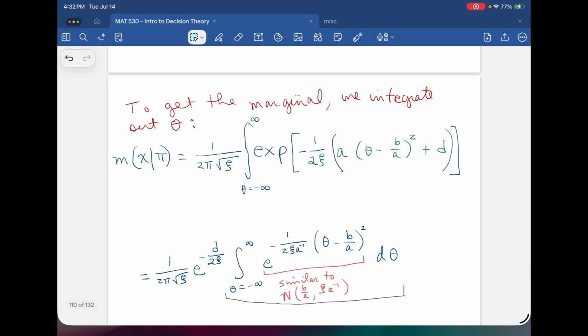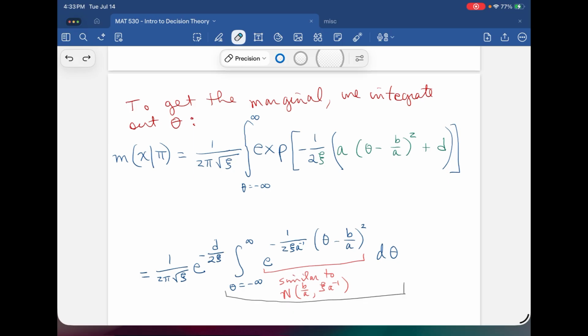So remember that the prior for theta was normal, so it's concentrated on the whole real line. So we've got to integrate over the whole real line, as you see there. The next thing that I did was I separated out this constant part involving the d, which I put there. And then you notice that this is similar to a normal distribution, similar to what you see there.